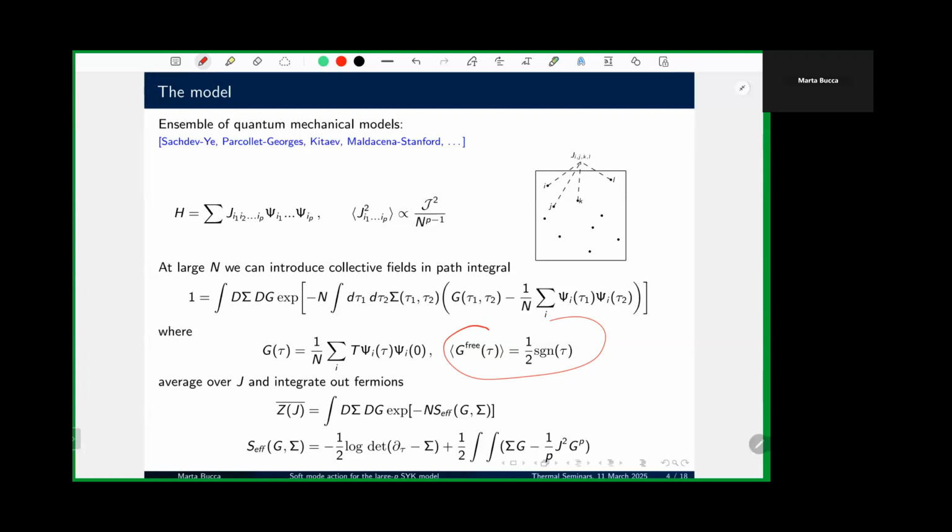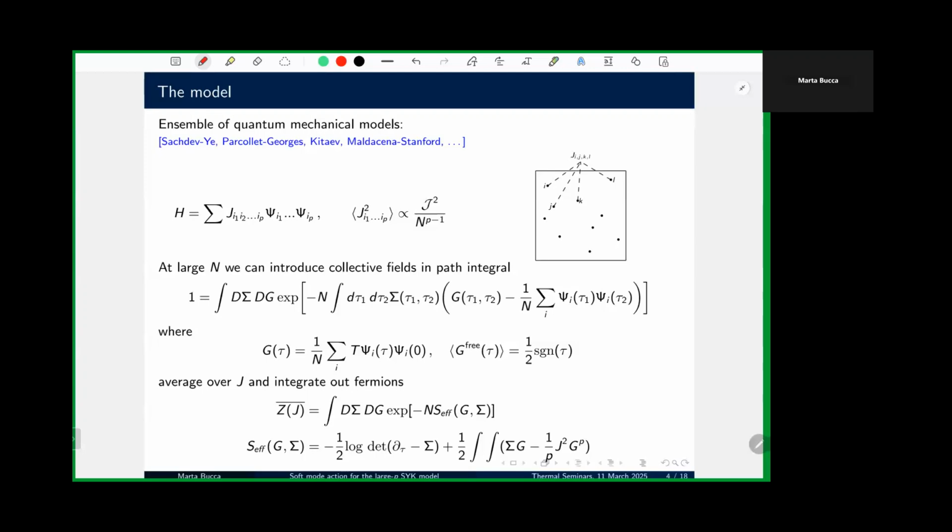And so you introduce these collective fields, and now what you want to do is average over your coupling constant J, and this can be done in a couple of ways. You can average over your partition function, or, and this is more physically significant, you can average over the log of your partition function, so the free energy.